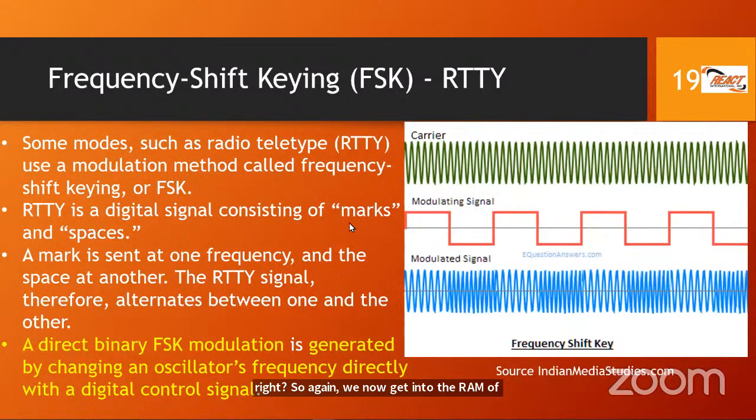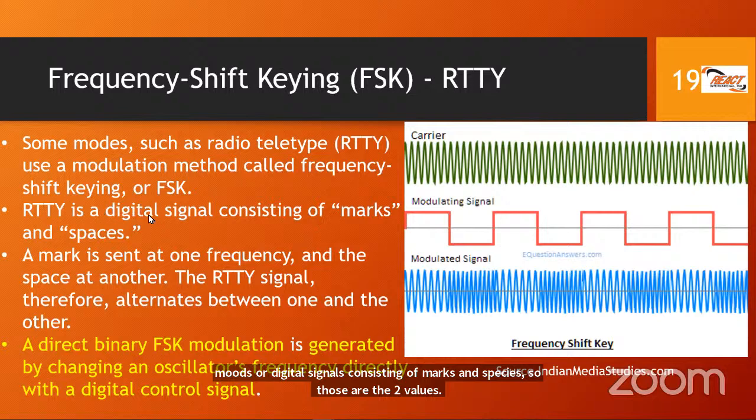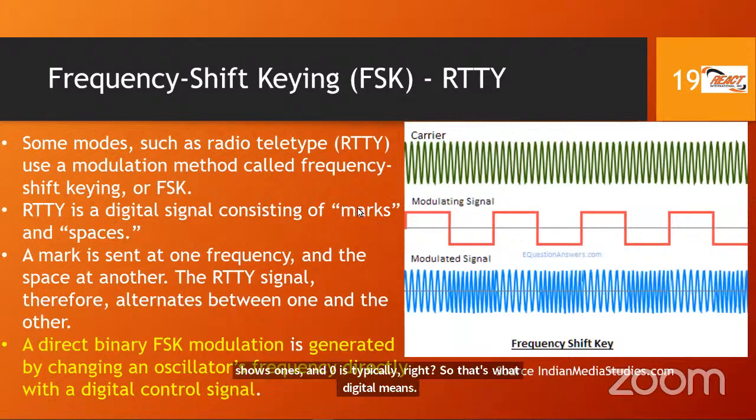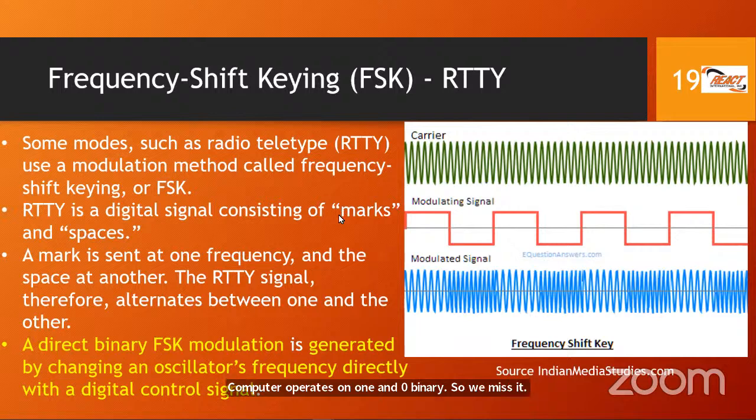Those are the two values. It's either a mark or a space. Some people say it's a 1 or a 0, since digital typically means ones and zeros. A computer operates on 1 and 0 binary. So we may say it's a mark and a space, or a 1 and a 0. Now a mark is sent at one frequency and the space is sent at another frequency. That is how you can determine what is a mark and a space.